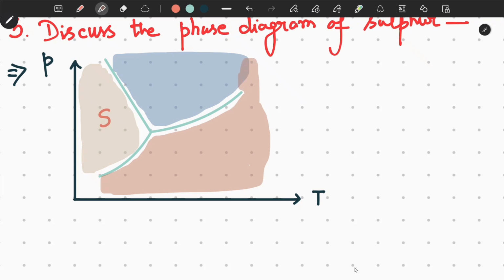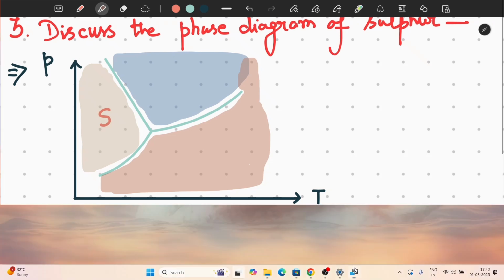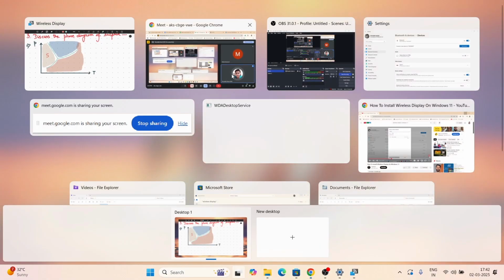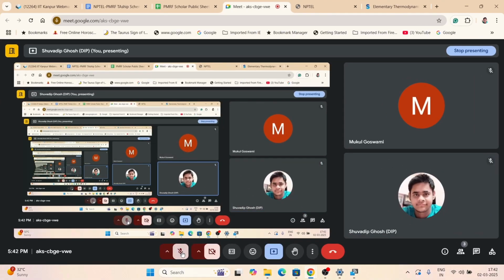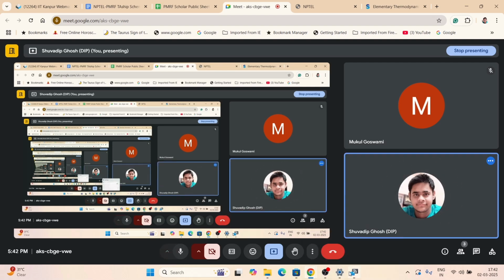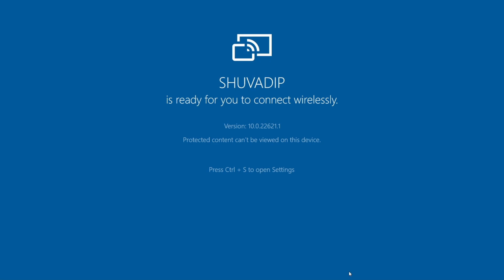Okay. Will it be clear? It is not overlapping.